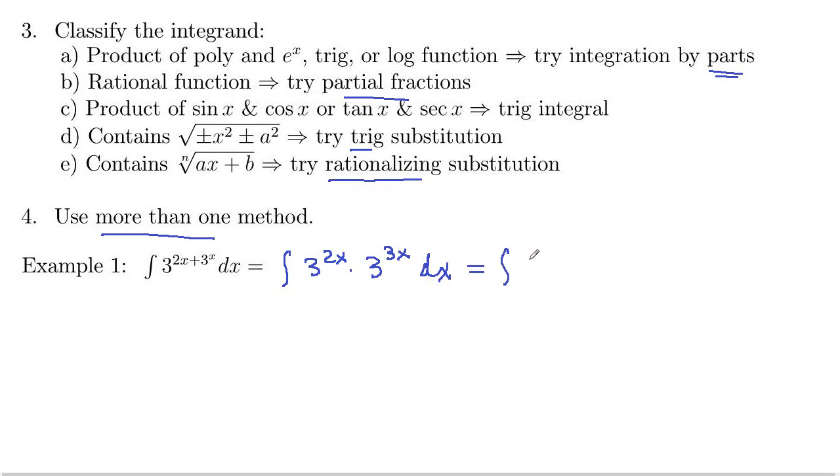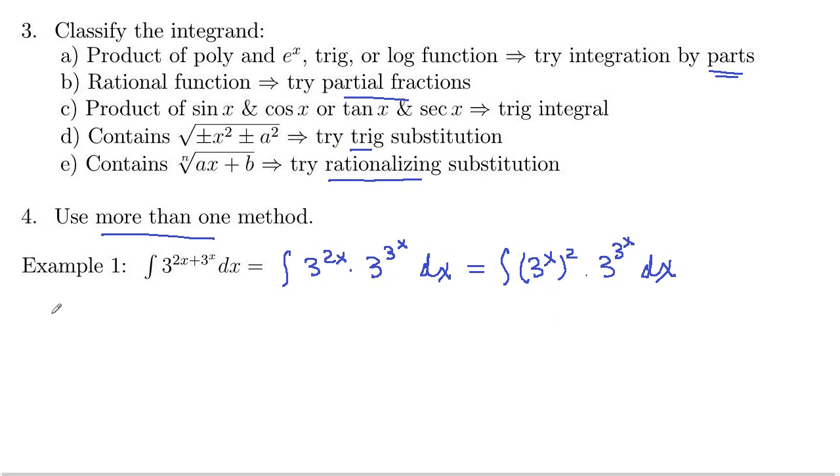So this is the integral of 3 to the x quantity squared times 3 to the 3 to the x, 3 to the x dx. So now I look at this and I say, aha, here I've got a function and its derivative up to a constant. So I think I'm going to try and use a U substitution here.